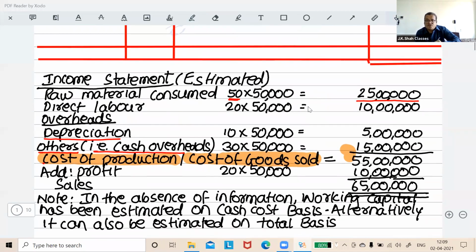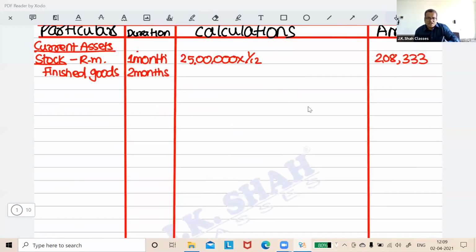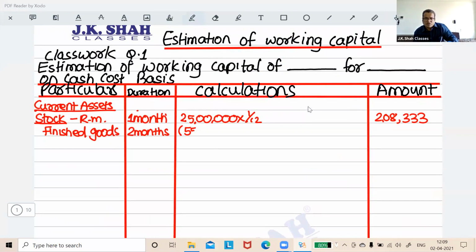I'm going to incur a cost of production of 55 lakhs. Don't forget, out of this 55 lakh, 5 lakh rupees is depreciation. So cash costs are only 50 lakhs. So 55 lakh is my total cost, but 5 lakh is depreciation, so you remove that, and whatever is left is 50 lakh. 50 lakh is for 12 months, spent on manufacturing finished goods for 12 months.